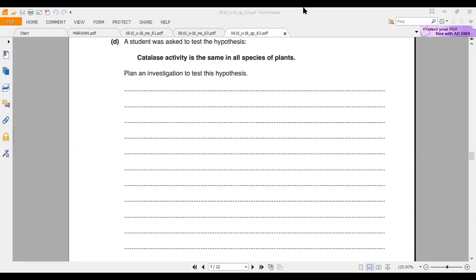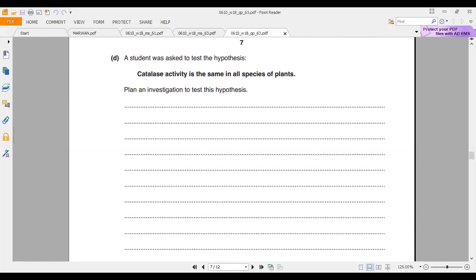So for example, if we look at this question that we did in the exam, the student was asked to test the hypothesis which stated that catalase activity is the same in all species of plants, okay. So he asked you to plan an investigation to test this hypothesis.